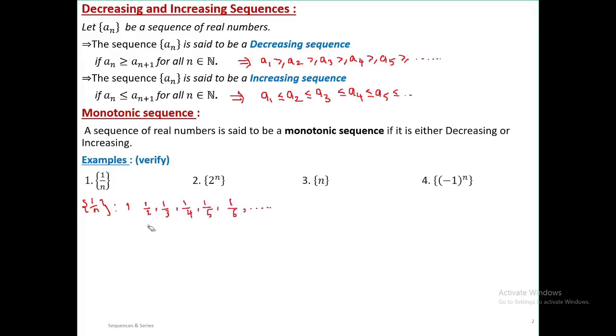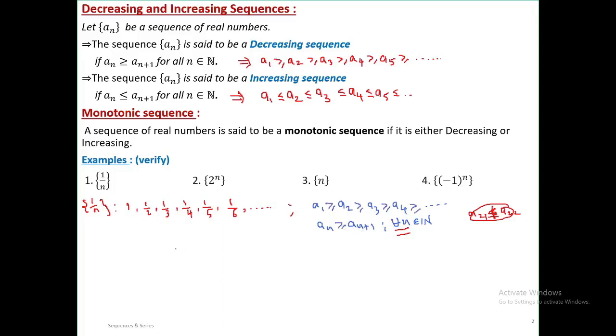Now in this, look, the first term is more than the second term, the second term is more than the third term, the third term is more than the fourth term, like that. So indirectly a1 is more than or equal to a2, which is more than or equal to a3, which is more than or equal to a4, and so on. Therefore the nth term is more than or equal to its next term, the n plus 1 term.